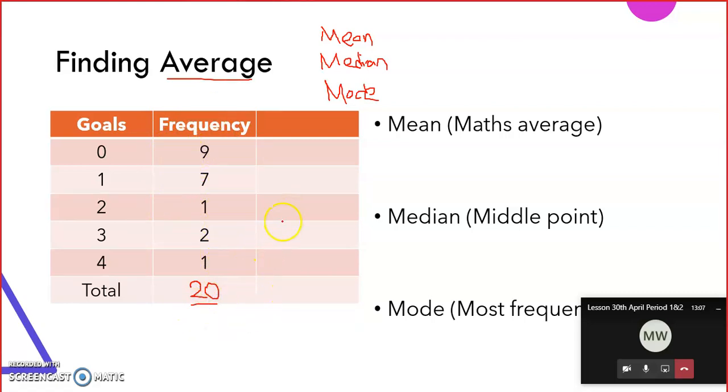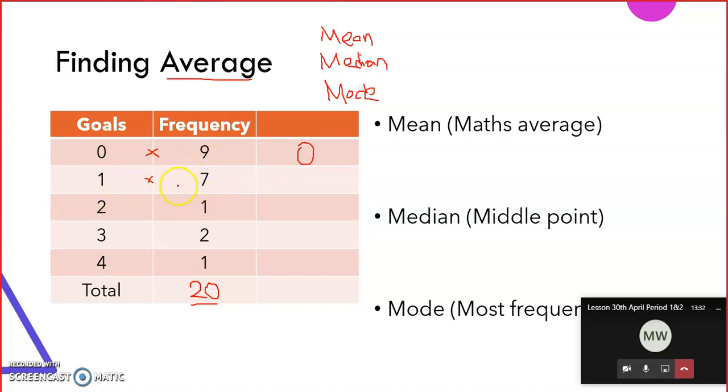Okay, now you notice there's an empty column here. Because he got 0 goals in 9 matches, we're going to multiply these two numbers together, and that is how many goals he got in those 9 matches. So 0 times 9, we get 0 here. Then 1 times 7, same idea.